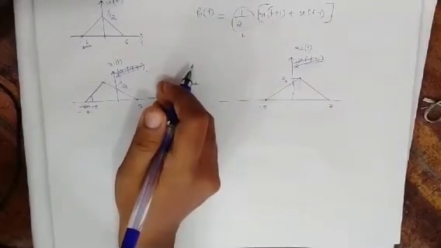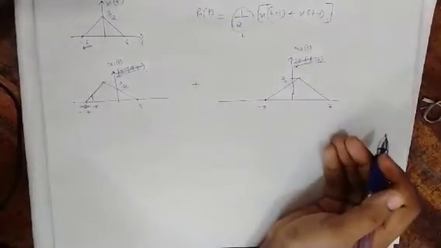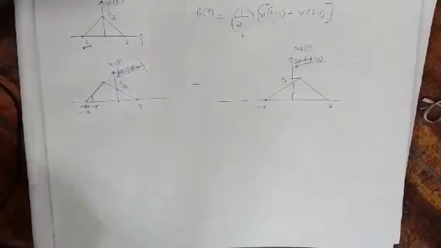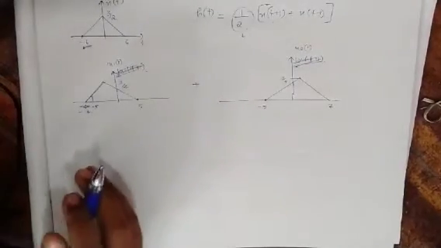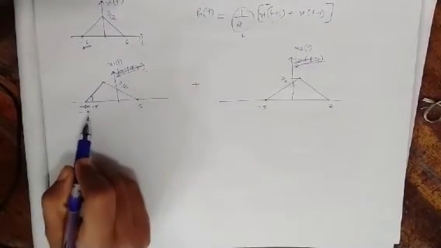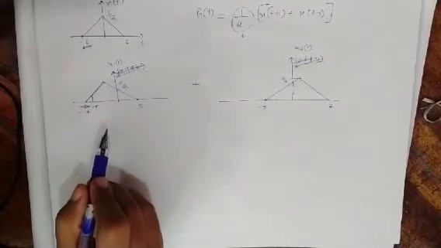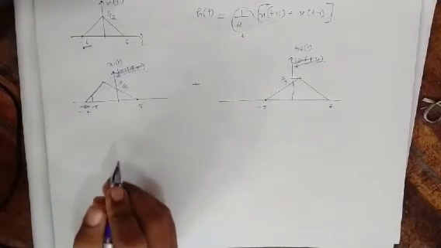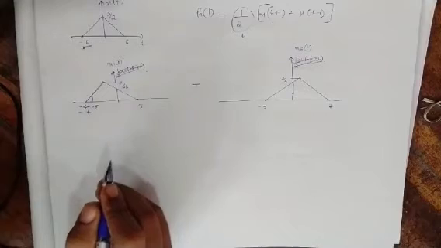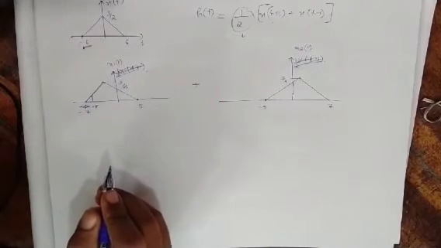From minus 7 to minus 5, x2 of t is actually 0. So the only thing that will be there is x1 of t.